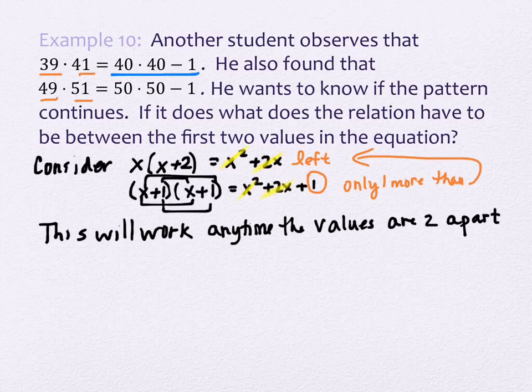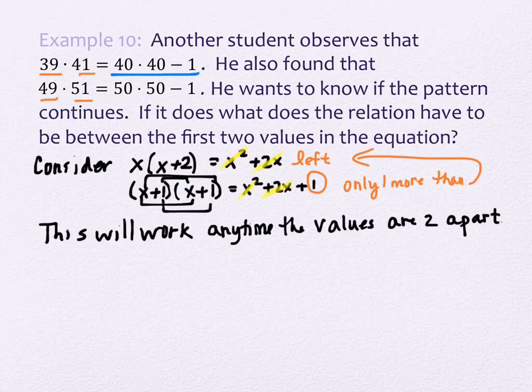Now here's a tricky thing to realize. Well, two things. First, what that means is it doesn't have to be 39, 41, 49, 51, 69, 71, something like that. It can be any two numbers, so it could be 33 and 35. It could be 12 and 14. It could be 132 and 134. So it's any two numbers that are actually 2 apart.